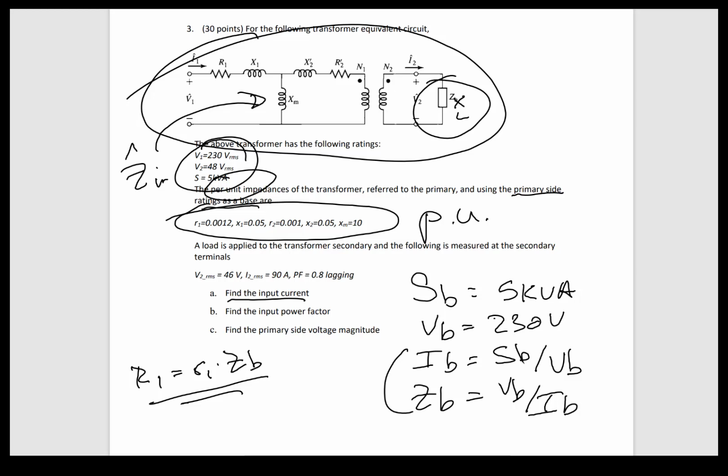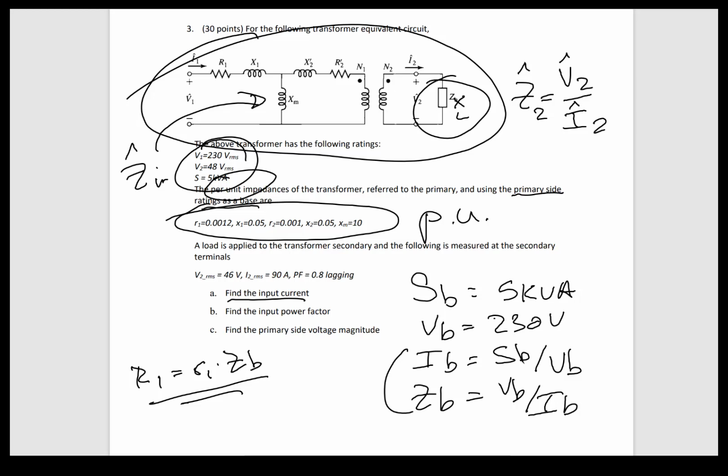Someone's got to know. Yep. Okay, well, someone popped up and said it. That is true. If you know V2 and you know I2, the Z is going to be, now it may be on the primary side or the secondary side. These are all phasors.